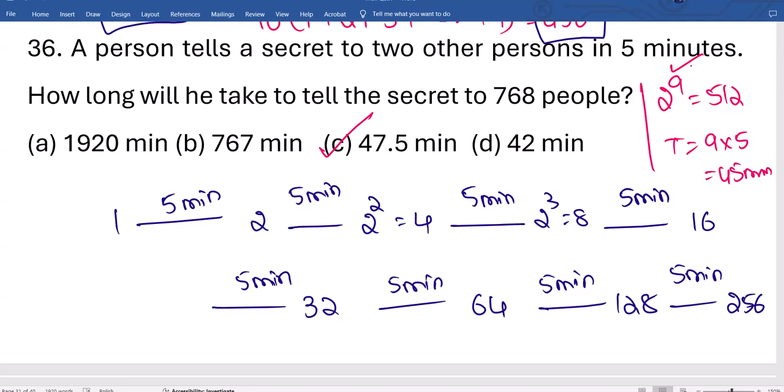That power decides it: if it is 2 power 8, then 8 into 5, power into 5. Why 2 powers? Because 2 people are told, and to tell the secret it takes 5 minutes. That's the shortcut we can provide.